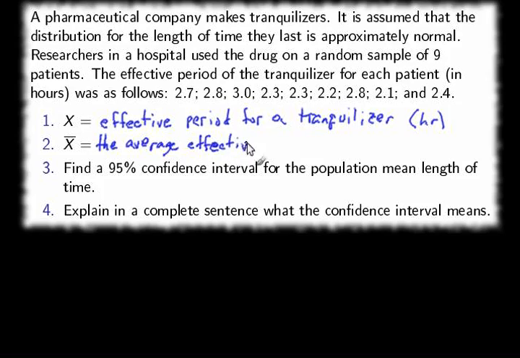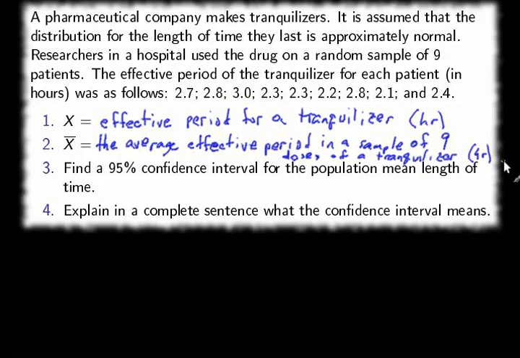If we add the word average, the average effective period in a sample of 9 doses of a tranquilizer. So again, this is in hours. And number 3, find a 95% confidence interval for the population mean length of time.